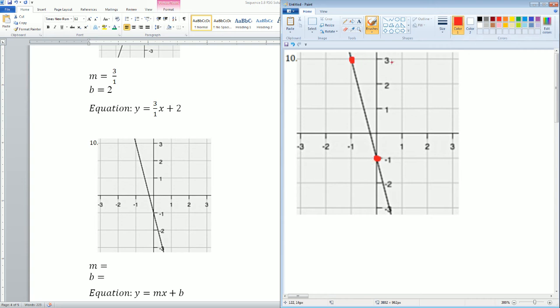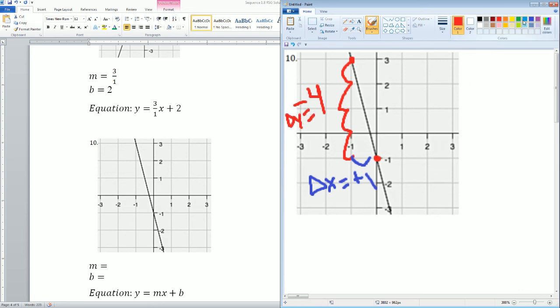Alright, so how much is it going down? 1, 2, 3, 4. Whoa, negative 4. Right? And how much is it going in the right direction? Okay. This is plus 1. So we would say the change of x is equal to plus 1. Likewise, the change of y is equal to negative 4.